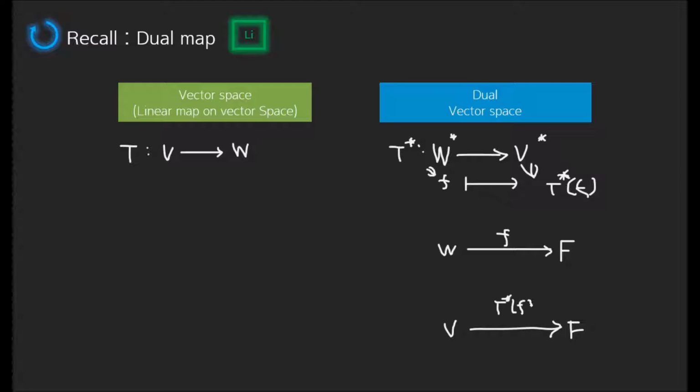The map is defined by easily guessing the commutative diagram. Because this map is well defined, T star f is naturally defined by the composition f after T.